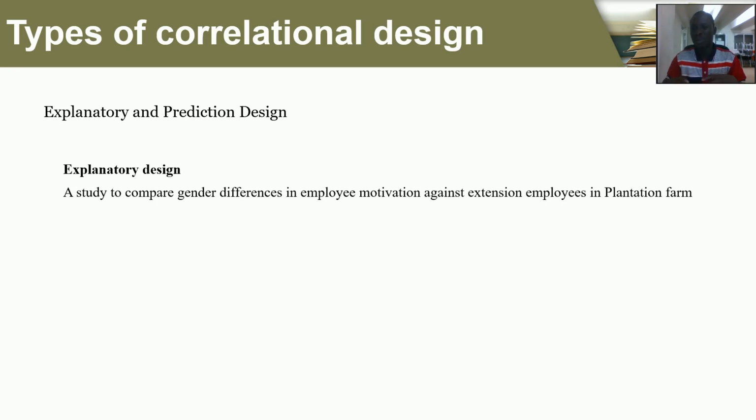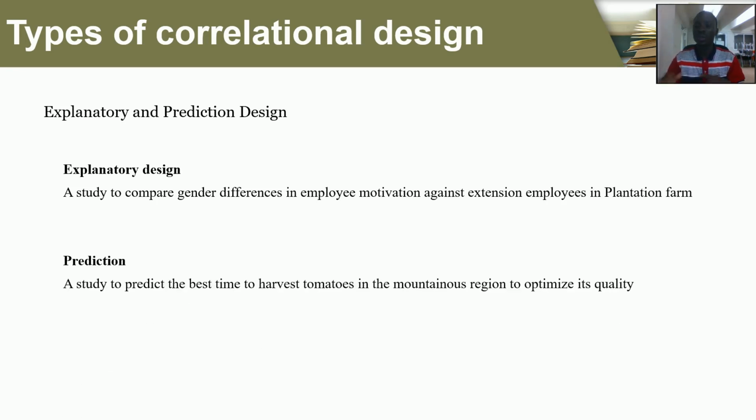This type of correlational study explains the relationship between those variables. Whilst the prediction correlational design only predicts, only forecasts the relationship between two or more variables.